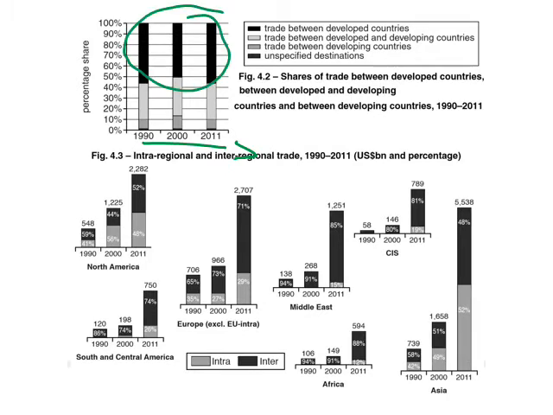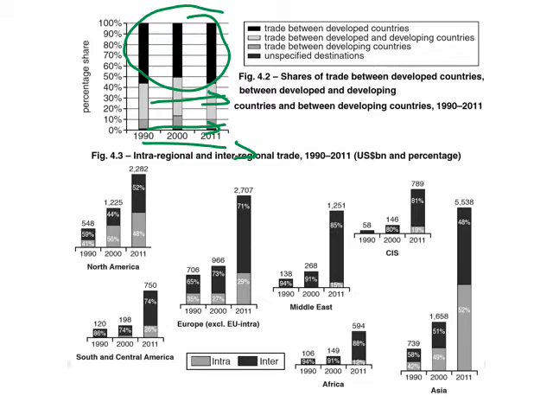About half of all trade is between developed countries. Trade between developed and developing countries again stays about the same over time, and trade between developing countries stays about the same over time. So even though trade is increasing, the percentages are staying about the same.